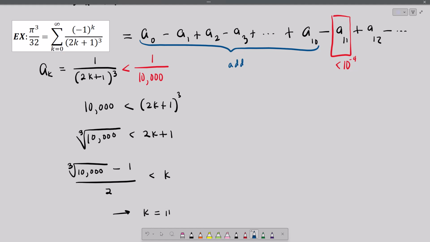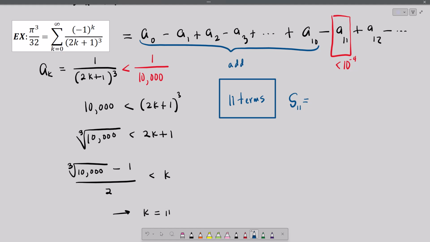We started counting at 0, and we ended counting at 10. So if you include 0 and 10, that's 11 terms. So we're going to have 11 terms that get added together. So that means S sub 11. S sub 11 means the sum of the first 11 terms.